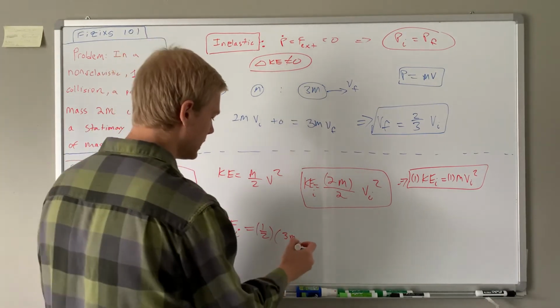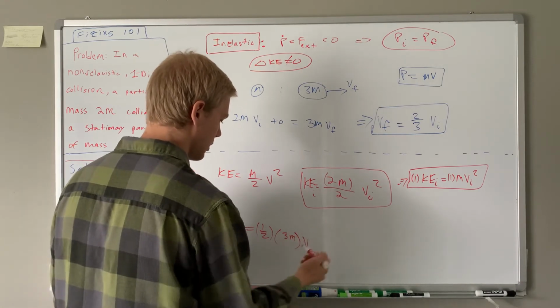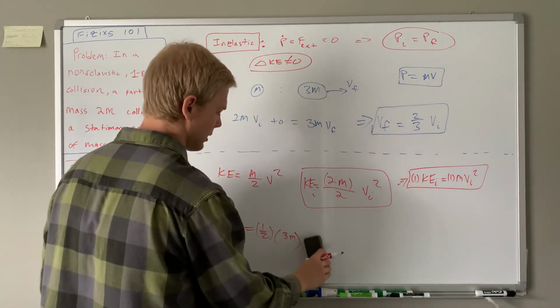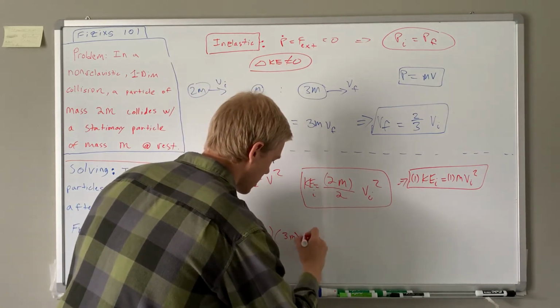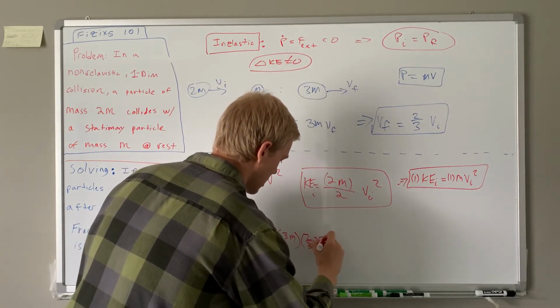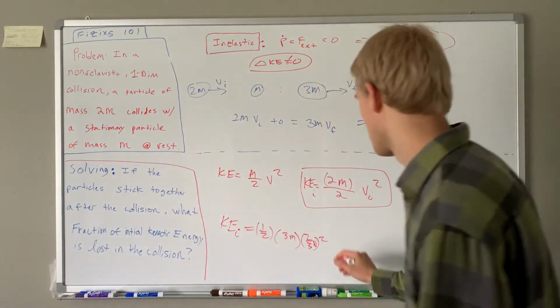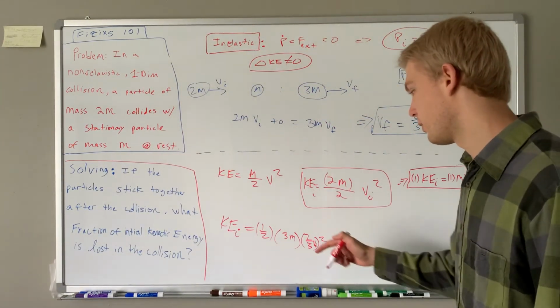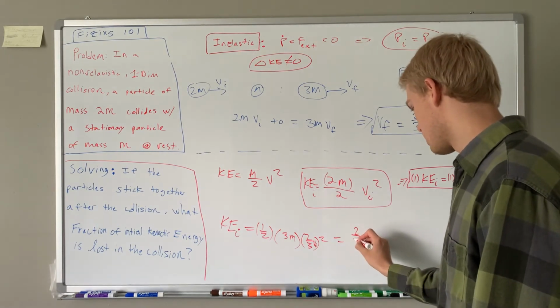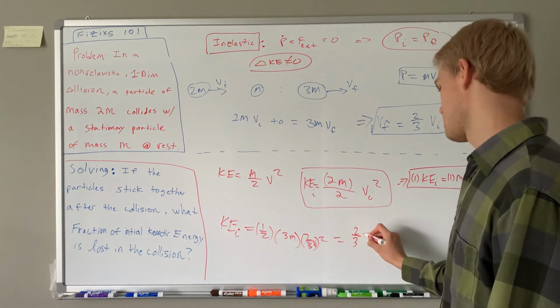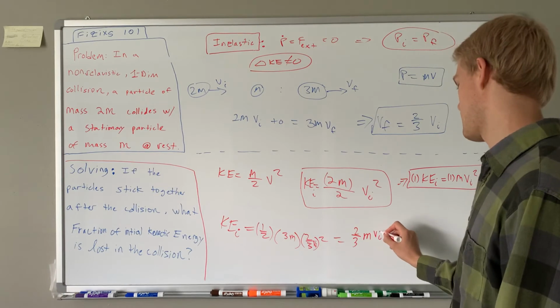Now times the speed, and again 2/3 vi squared. So you get 4 over 2 and 3 over 9, so you get 2/3 m vi squared.